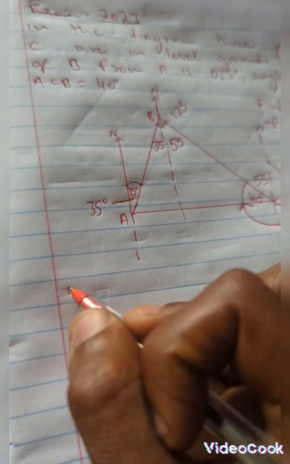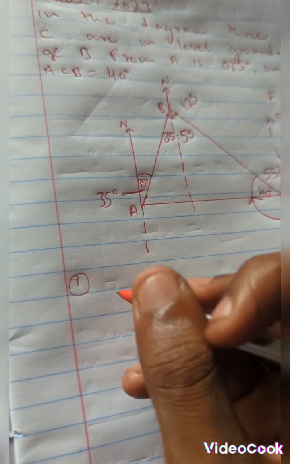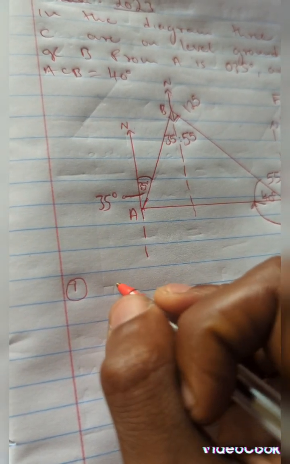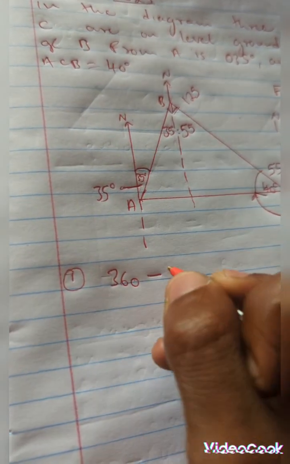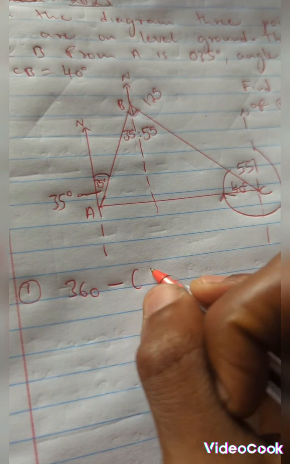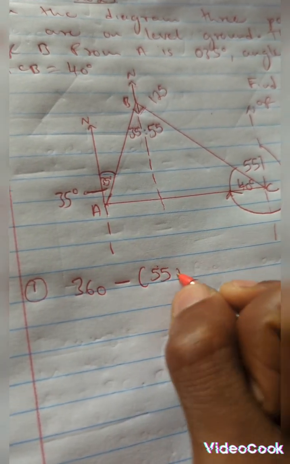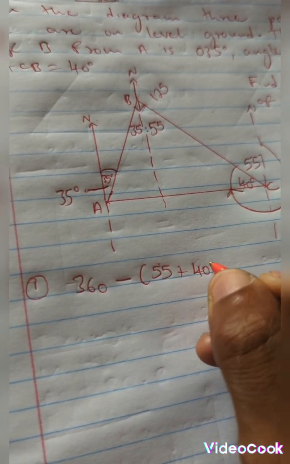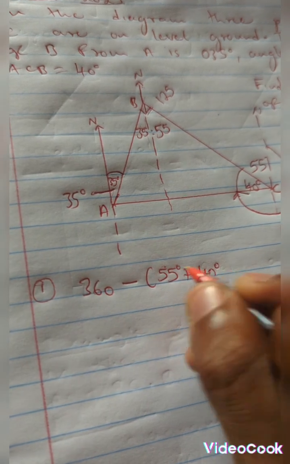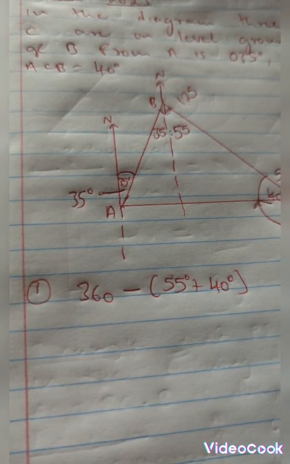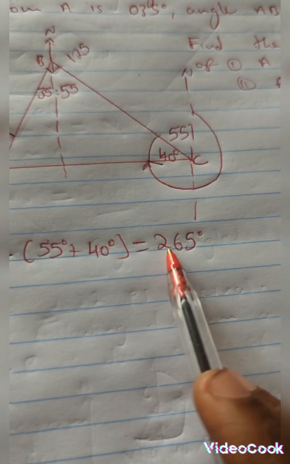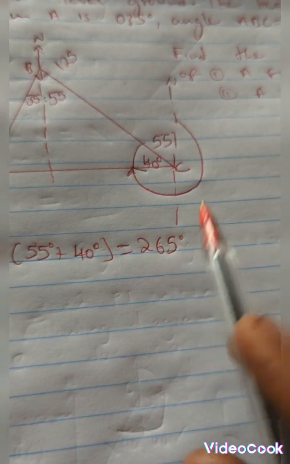So for the first one, it will be 360 minus 55 plus 40 degrees. What are we going to get? The final answer will be 265 degrees.